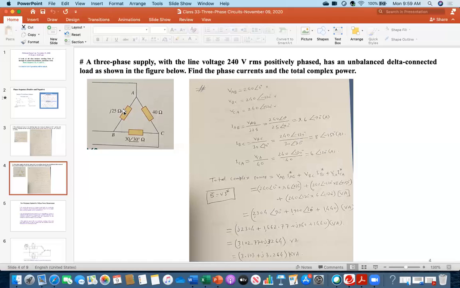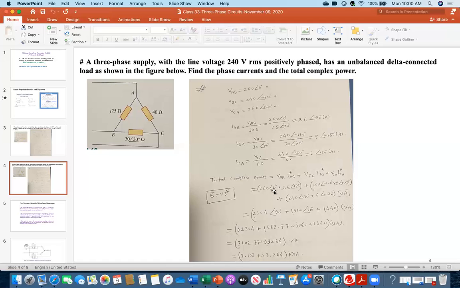So therefore, everybody see, what is my complex power equation? S is V I conjugate for a single phase system. S equal to V I conjugate. So therefore, total complex power, first for phase A, VAB IAB conjugate plus VBC IBC conjugate plus VCA ICA conjugate. I am doing one phase at a time because this is unbalanced.